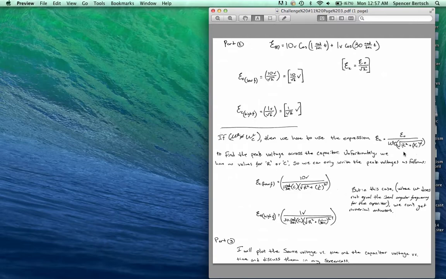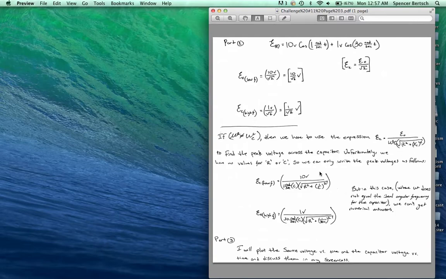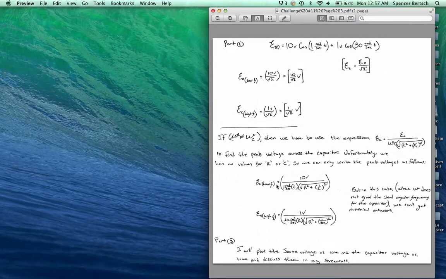And it would be possible, I suppose, to get a numerical value for the voltage across the capacitor at low frequency and high frequency if you use this expression and omega was really high or really low, if you plugged in numbers for C and R. I didn't do that.